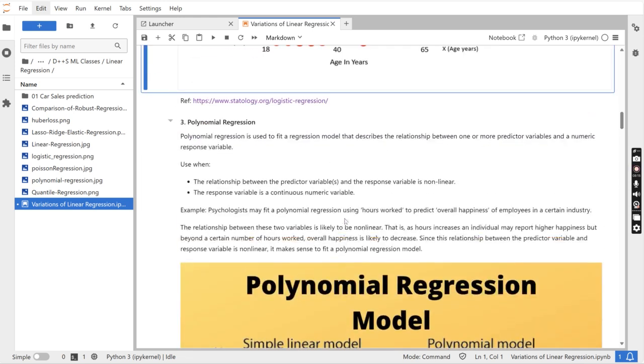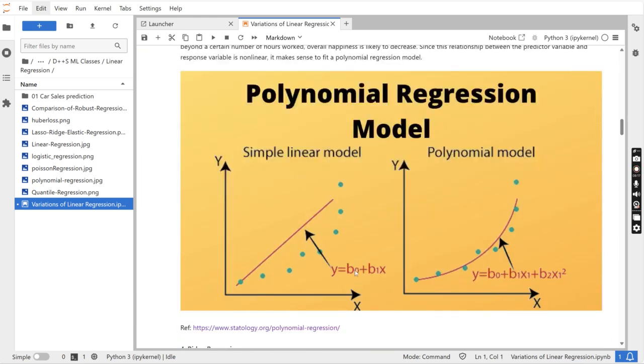The way you do that is you take this equation, which is in the form y = mx + c, and you add an additional term, m1x1 plus m2x2 squared. That squared term will curve the line to best fit the data points.